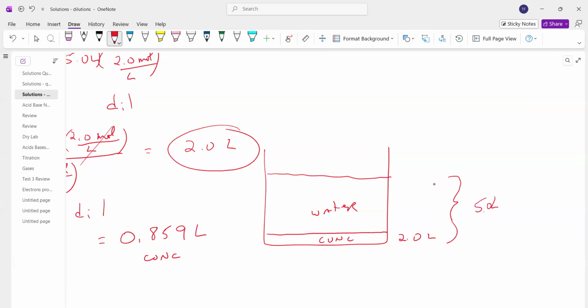So how much water do we add? You say 3 to bring it up to 5.